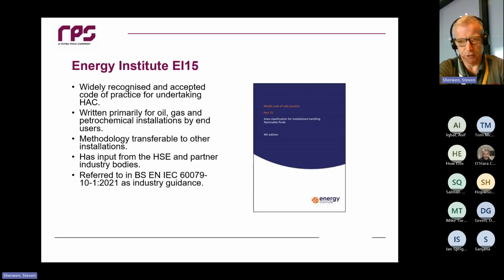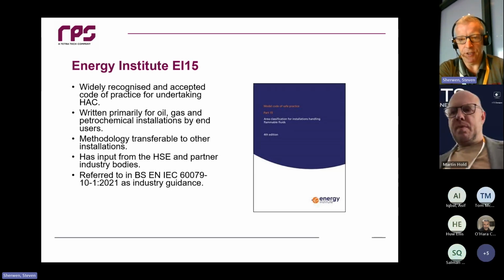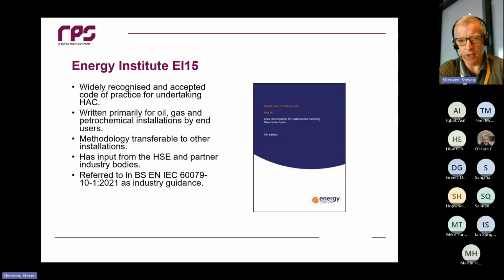And therefore, it is transferable for almost any installation where you can apply fluid categories, where you can identify direct examples. And I'll explain what they mean as we go a little bit further along. One of the key selling points of the EI15 is that it is recognised by the HSE as a valuable reference document for helping people comply with DSEAR, and it's also referenced in the international standard 60079 Part 10 Part 1 as industry guidance.